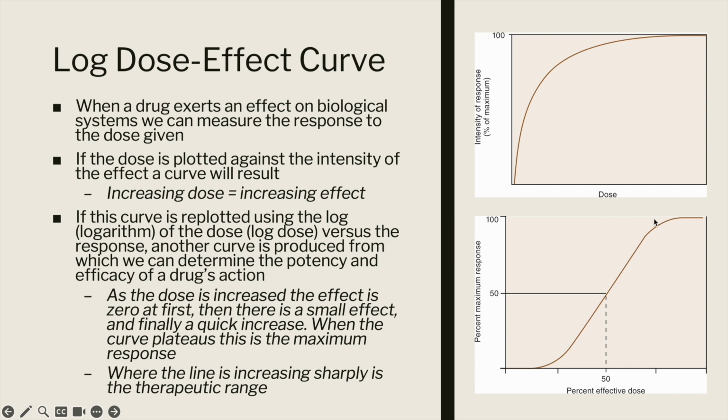This is our therapeutic range. This 50% point is the midpoint of the therapeutic range. So again, this log dose effect curve is plotting where our therapeutic dose is going to be. It's another way of plotting the dose versus the response.